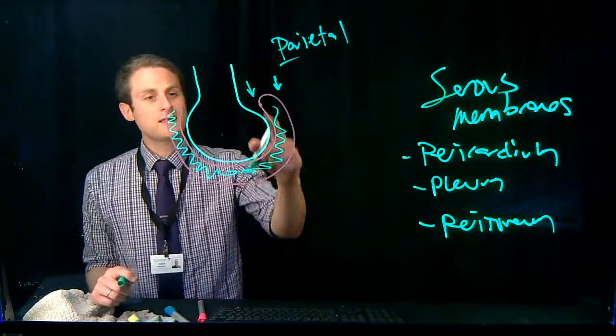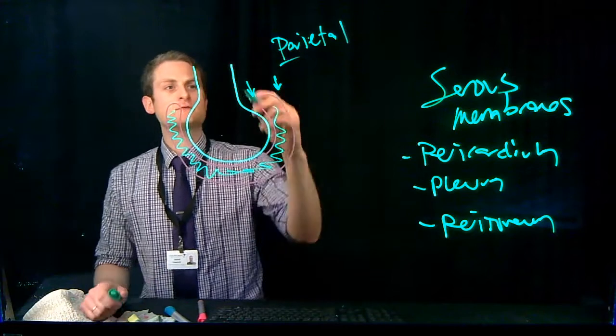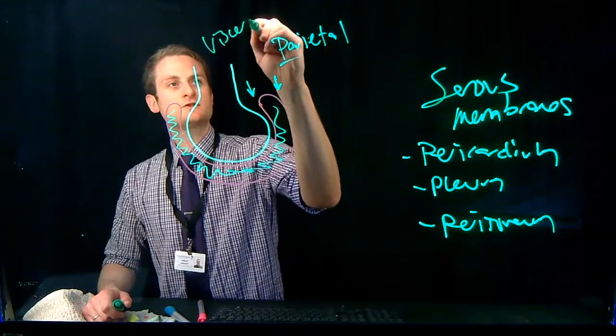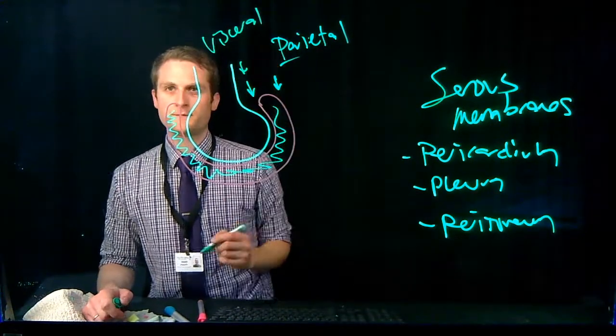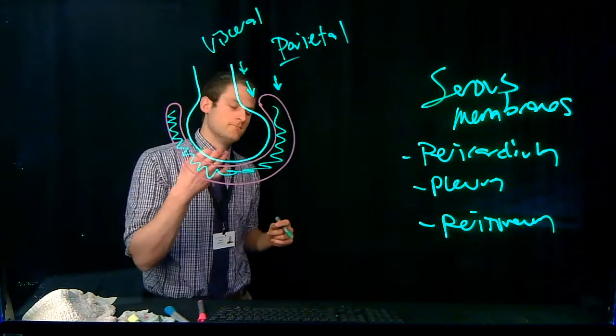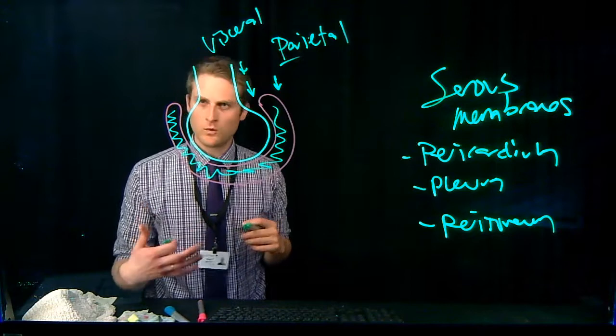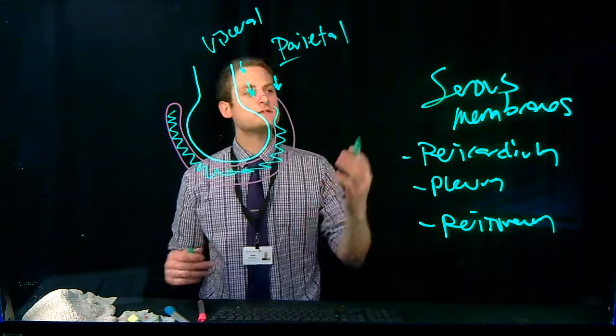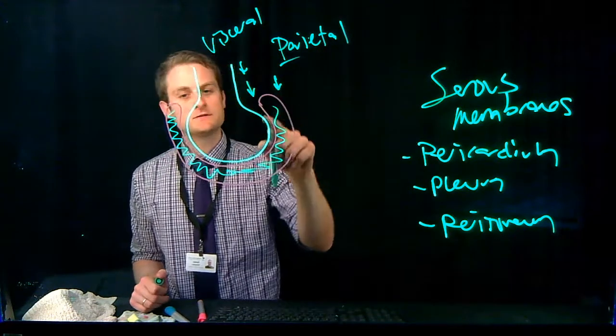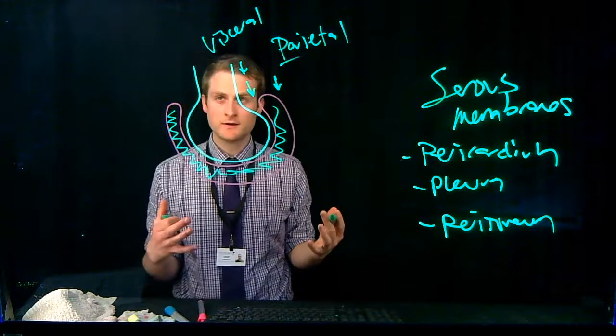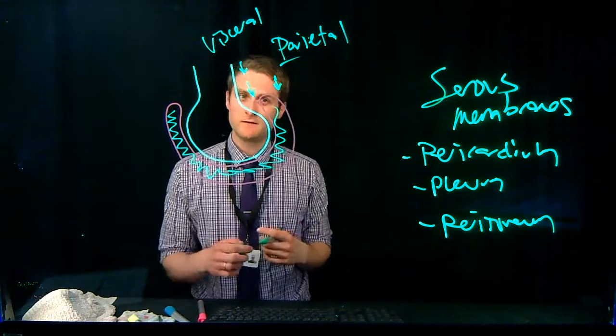The part that is touching the organ is referred to as the visceral layer. And viscera is referring to an internal organ. So the visceral layer of the serous membrane is directly touching the organ itself.